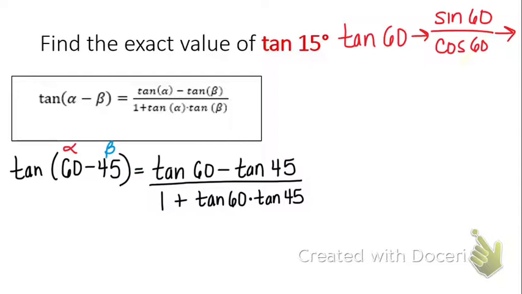So the sine of 60 degrees is root 3 over 2. And then we're going to divide that by the cosine, which is 1/2. Go ahead, do your keep change flip.